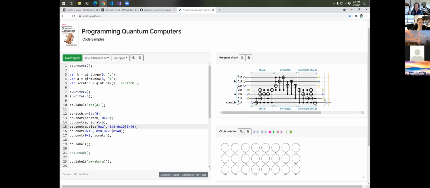In my world, that's -3. And then B has now had 3 added to it. If we're pretending that B does not have a signed bit, it's unsigned, then we took 2, we added 3, and we got a 5. Is that right? That's perfect. How does that look? And then the scratch bit is back to 0. Like Matt mentioned, getting it back to 0, now we can use this scratch bit.